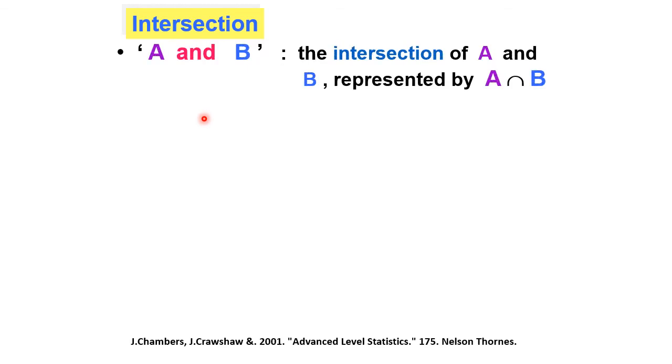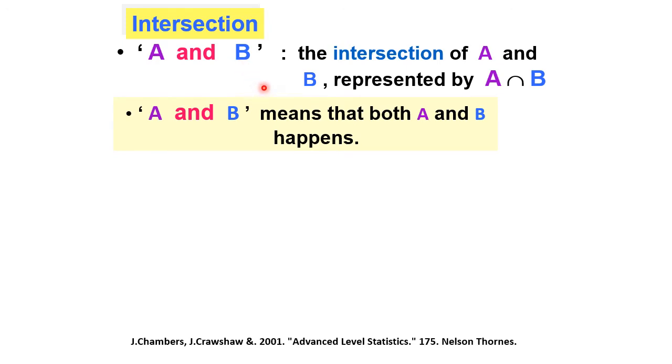And then for intersection, this is the same notation of intersection, that is and. So between two events, it is and, it is intersection, right? So it means that both A and B happen. You can list out, either in set form, the list of event A and the list of event B. So if we have both cases in A and B, this is what we call intersection.